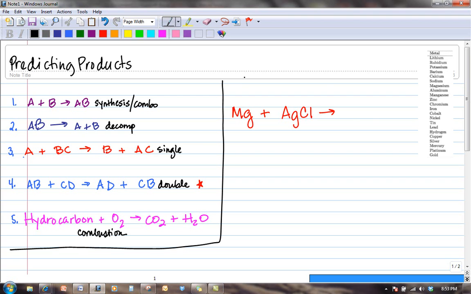So to start this off, I'm going to assign a letter to every element. Magnesium is A, silver is B, and chloride is C. I see that this would be a single replacement reaction. But before I do anything else, I need to look over here at my activity series.